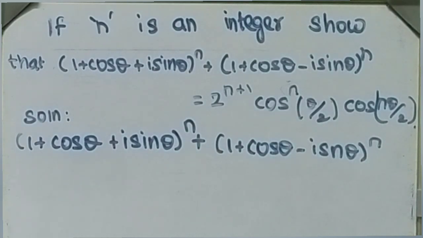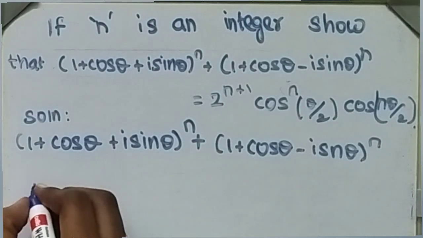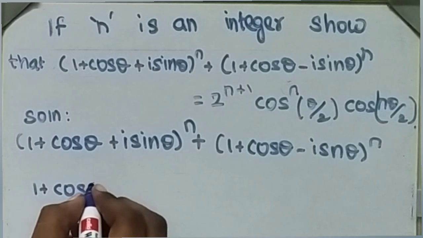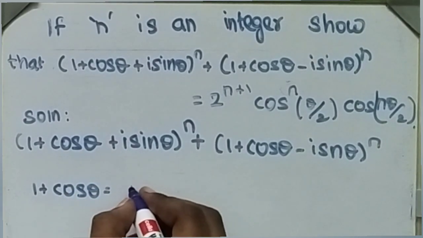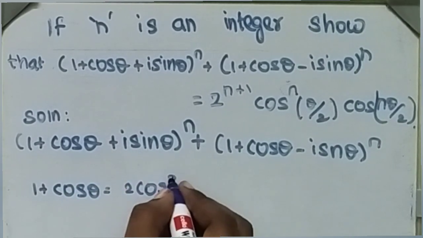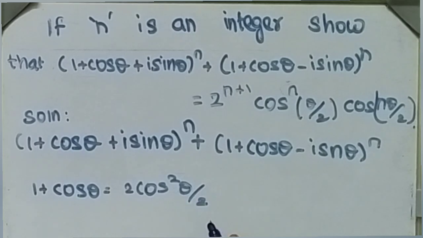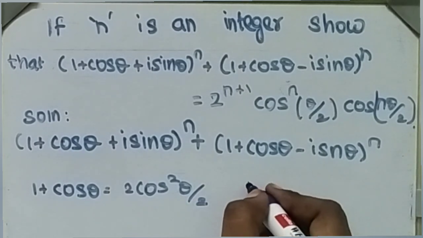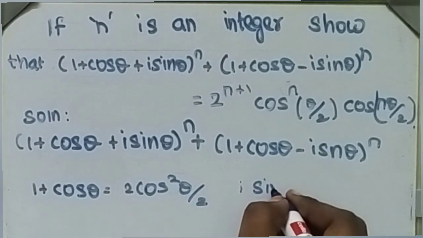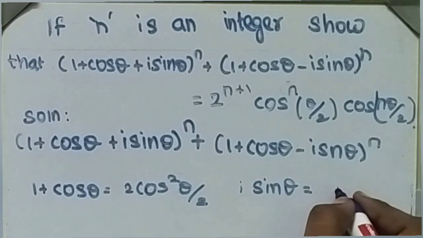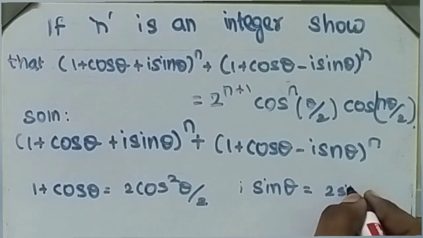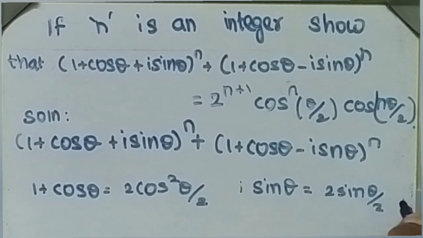Now we are going to use two formulas here. What are the two formulas? 1 plus cos theta equals 2 cos square theta by 2. And similarly, sin theta equals 2 sin theta by 2 cos theta by 2. I am just rewriting it.